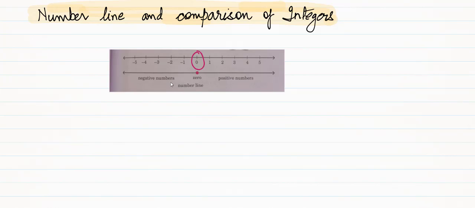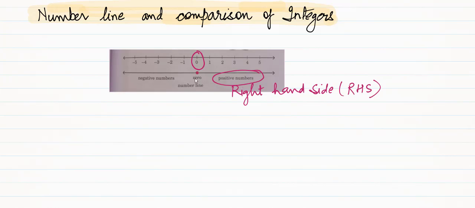So from this number line, what I can conclude is that all the positive numbers are to the right of zero. The right hand side, mathematically we say RHS, always consists of positive numbers.